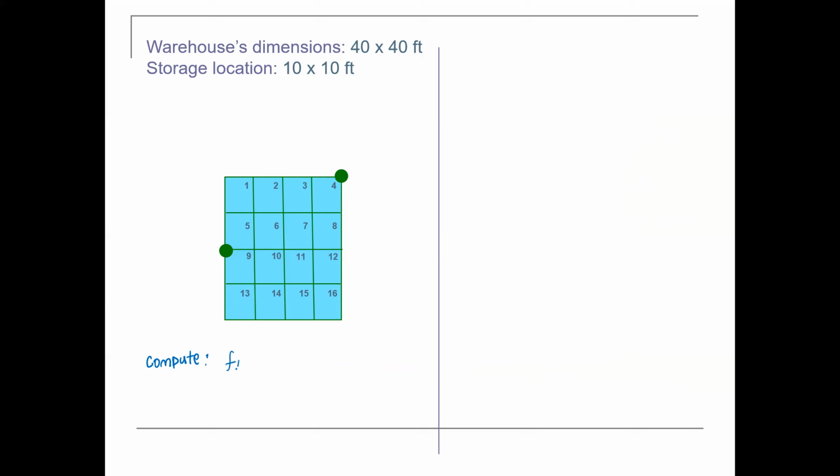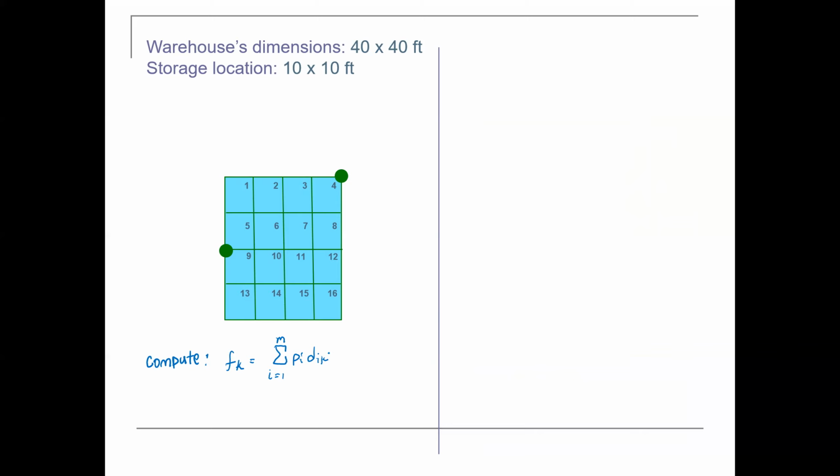So we need the value of Fk, which is going to be equal to the summation of i equals 1 to m of Pi Dik. For that, we need some information about the probabilities, right?